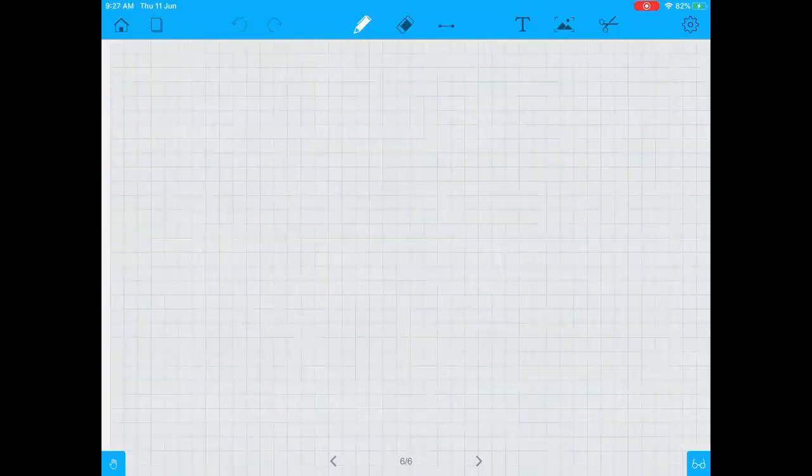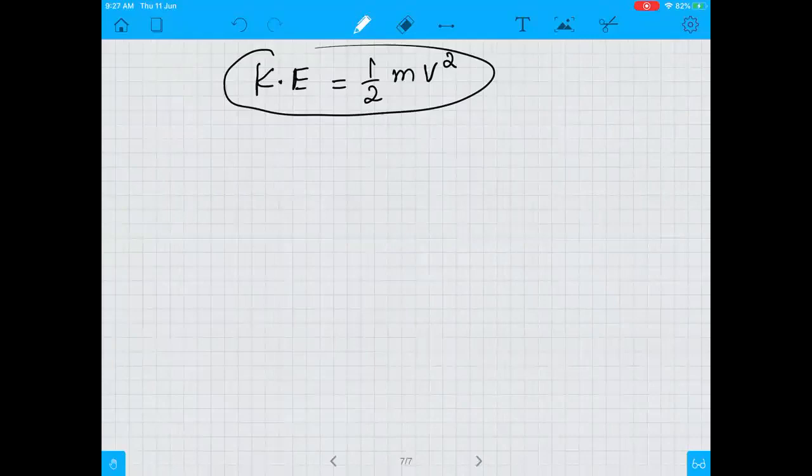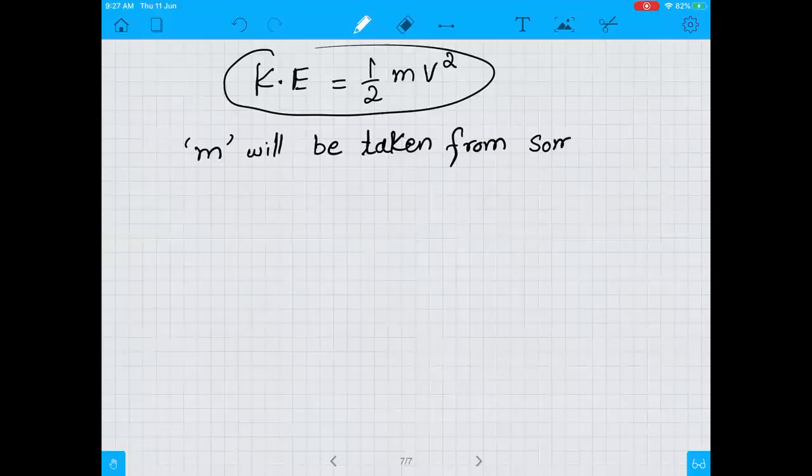So we can say that when you use this formula, KE is equal to 1 over 2 mv square, if you perform some experiment to calculate kinetic energy, then m will be taken from some instrument.